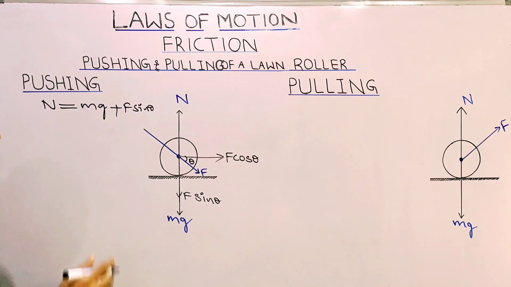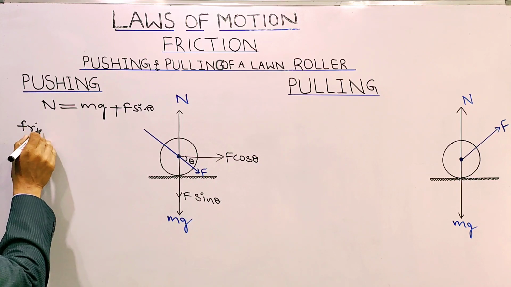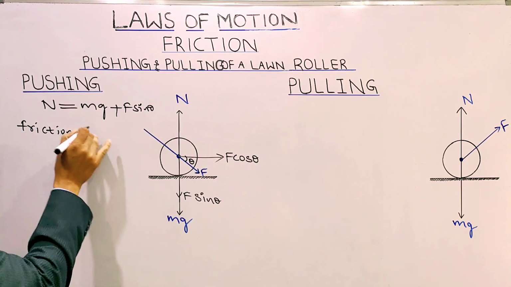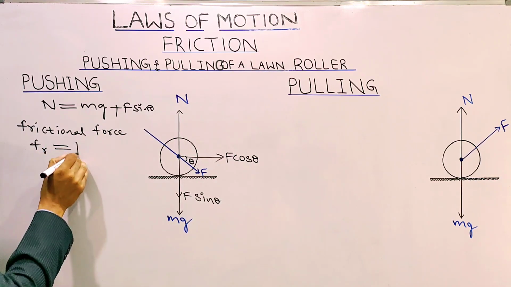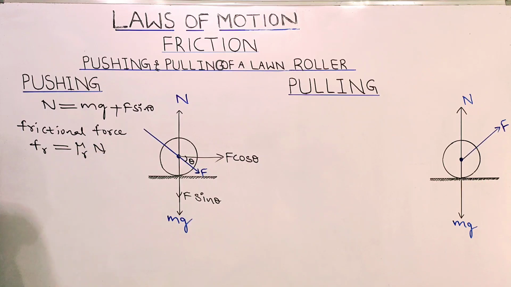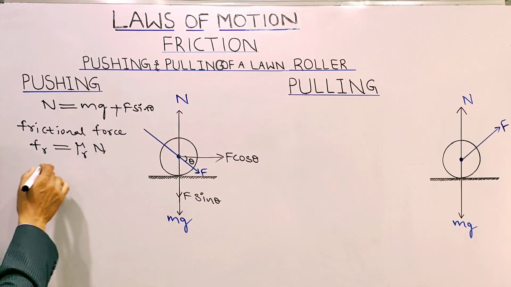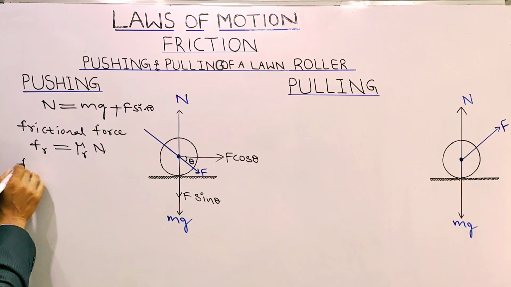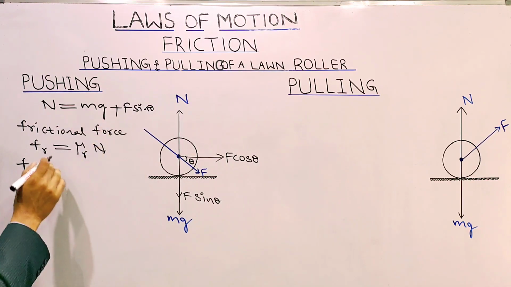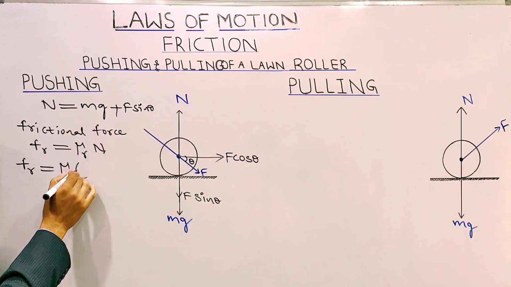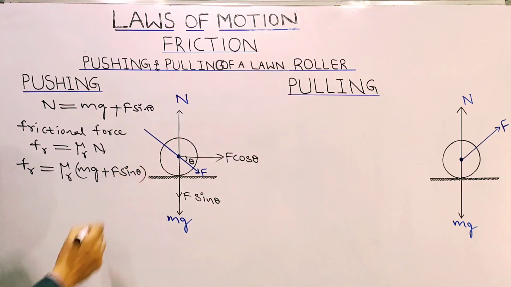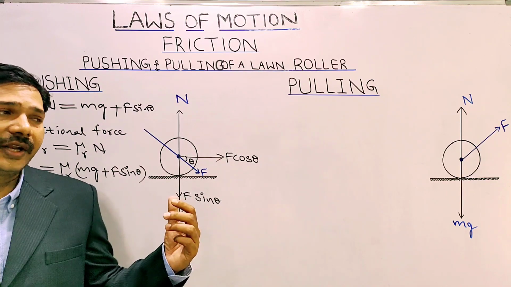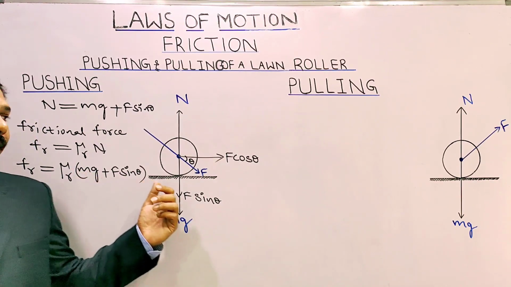For rolling friction, Fr equals mu r into N. The N value we calculated already, so substituting, Fr equals mu r into (mg plus F sin theta).